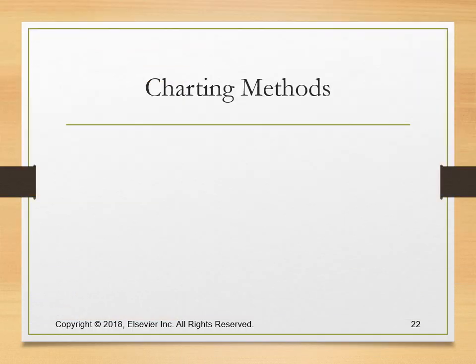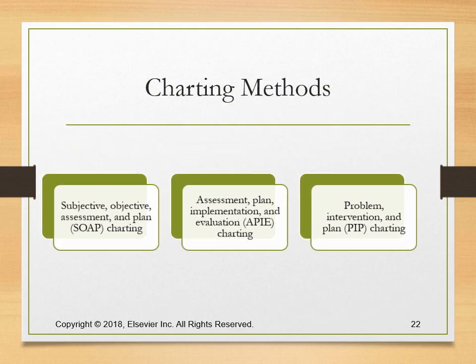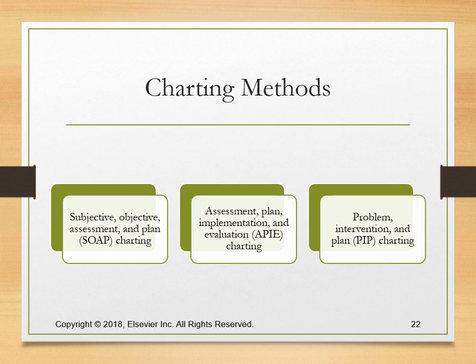Let's talk a little bit about different charting methods. Most charting methods in use today are based on some variation of a problem-oriented medical record. All of the following charting systems require a clear outline of the patient's problems and corresponding physician orders or professional care plans to address those problems.